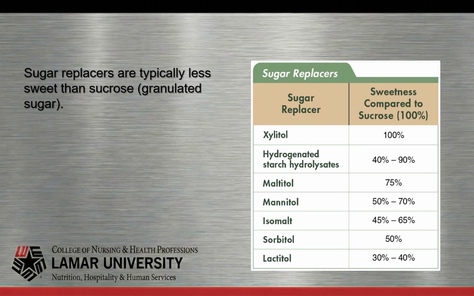Because sugar replacers are only partially digested and absorbed, they provide less energy and have less impact on blood glucose levels. In addition to being low in calories, sugar replacers help food stay moist, prevent browning, and do not promote tooth decay.